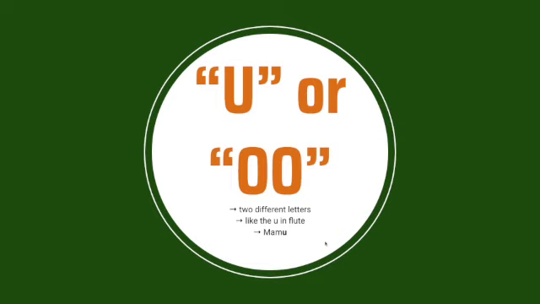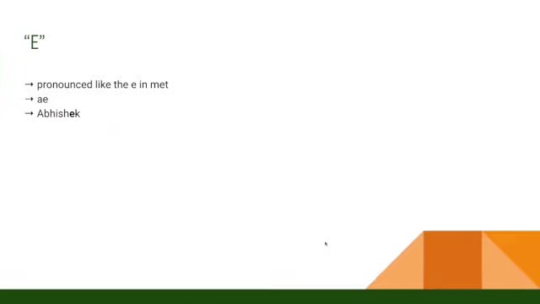Mamu means your mother's brother. Now we have E. So that's pronounced like the E in met. Sometimes, very rarely, you might see it as AE, but that's not very common. And we have Obishek, which is a name, and it has that E sound in it.